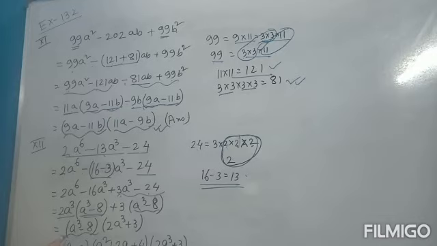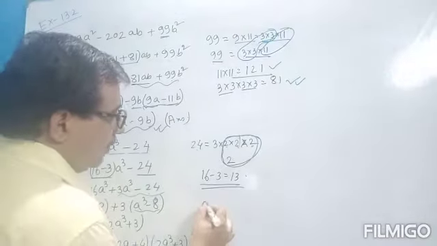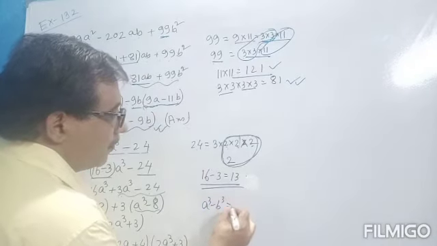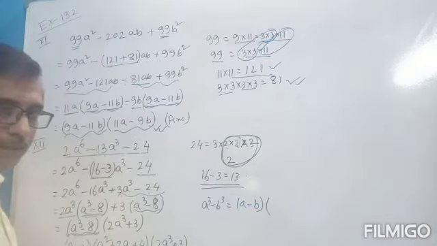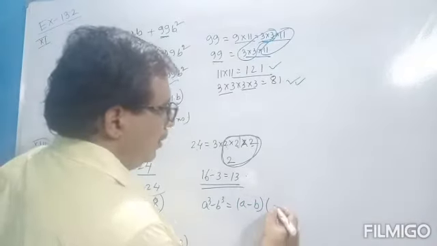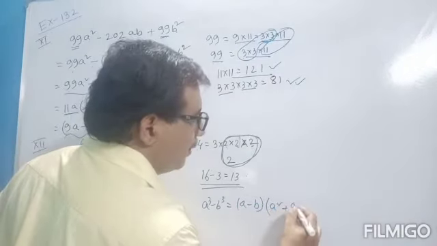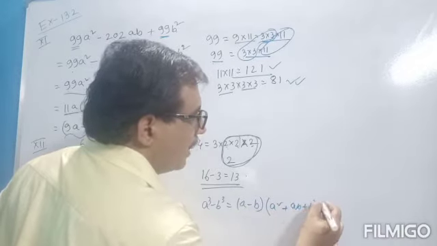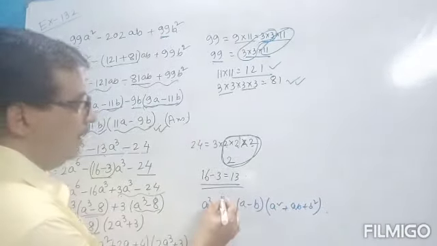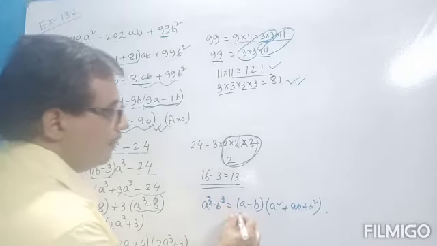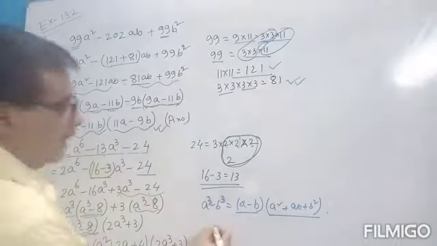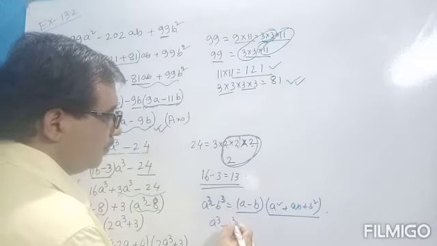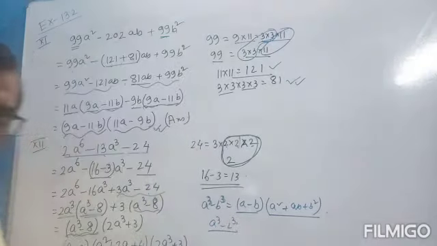So again we can factorize this using the a cube minus b cube factorization formula. It can be written as a minus b into a square plus ab plus b square. So in this case it is a cube minus 2 cube, so instead of b it is 2.